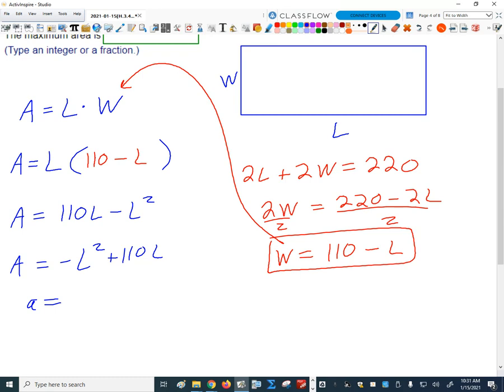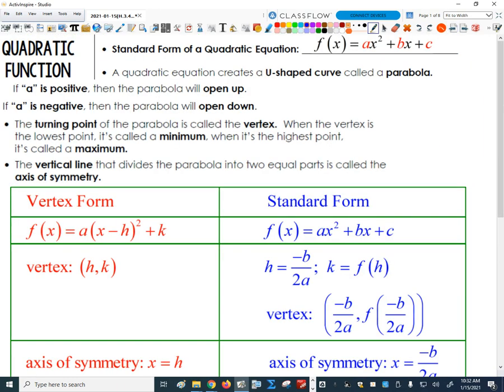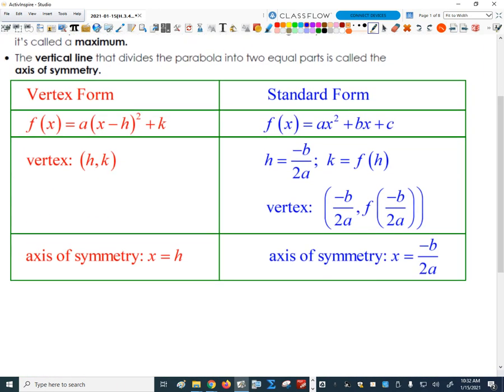I don't know. Okay, so we're just comparing this to our standard form. You got this, I promise you do. We're comparing this to our standard form, only our output, instead of being f of x, is A, it's area. And our input, instead of being x, is L for length, right?